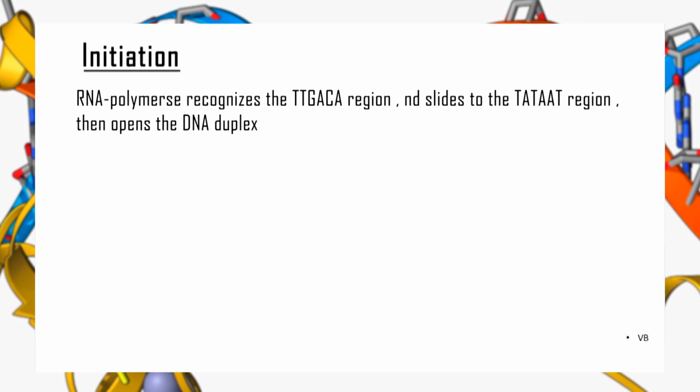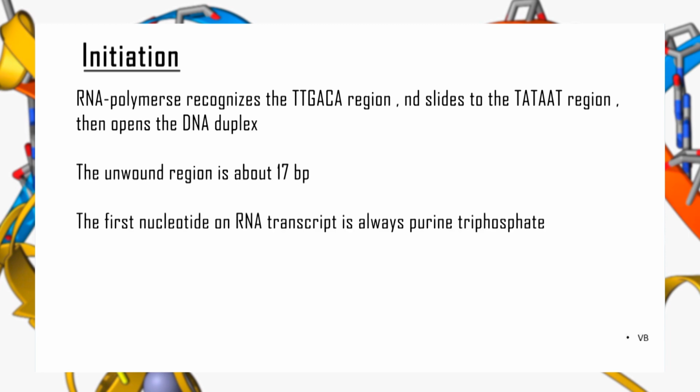In initiation, RNA polymerase recognizes the TTGACA region and the TATA sequence, then opens the DNA duplex. The unwound region is about 17 BP. You can see here the double helical DNA, then the unwound DNA, 17 BP opened in RNA polymerase.